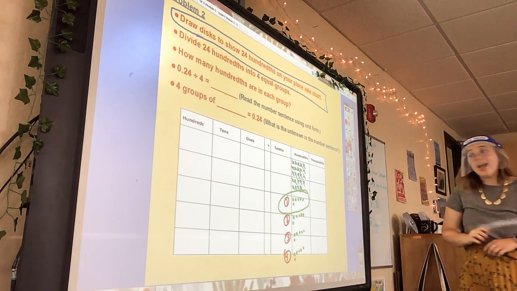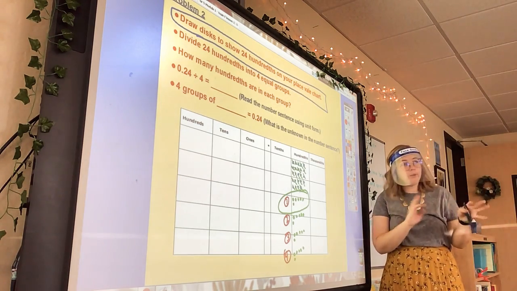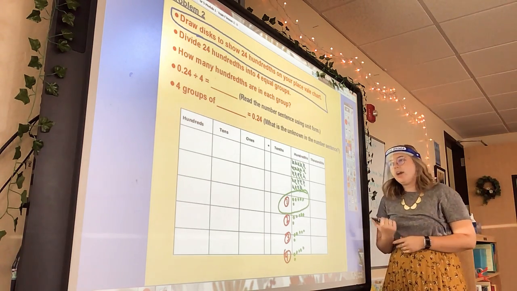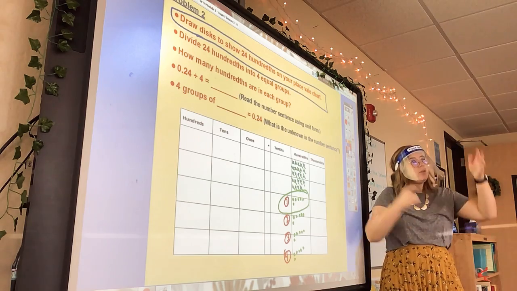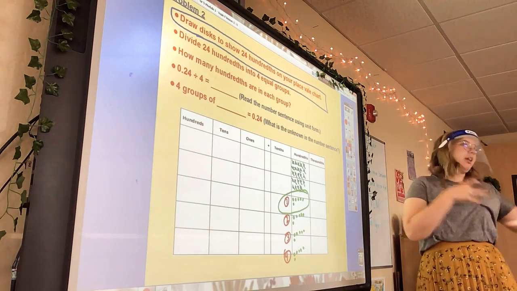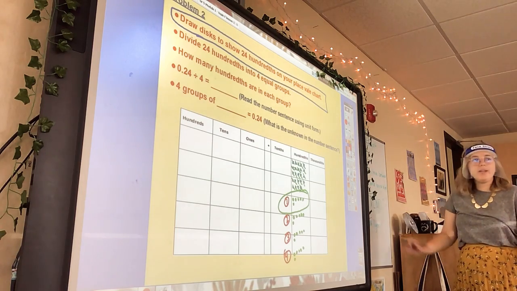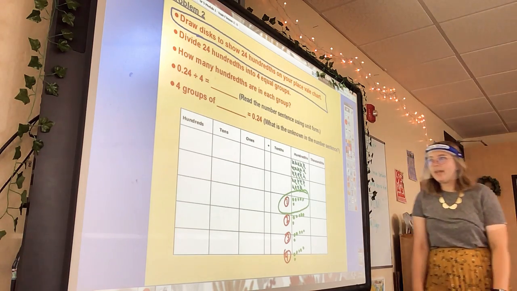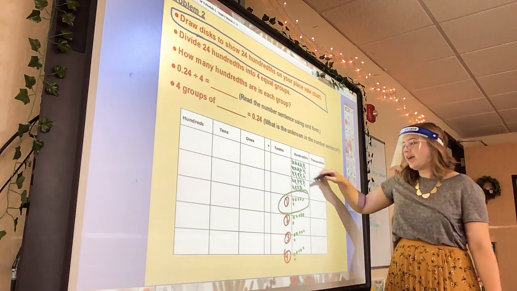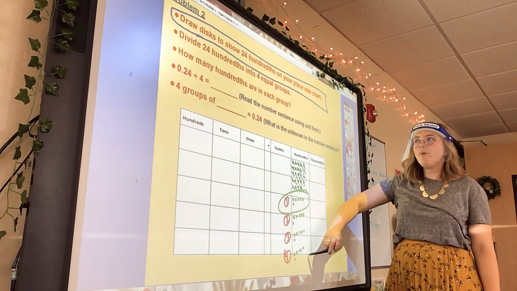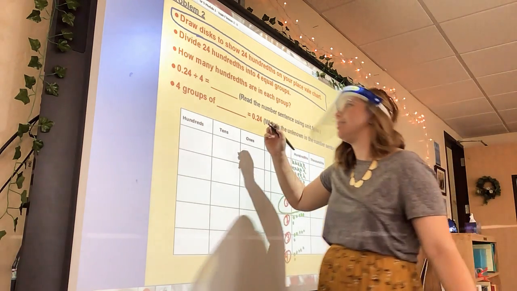Okay, that's okay. Yeah, remember there's no right or wrong way. Either way is fine. And if for one problem you do it one way and another problem you do it the other way, that's okay too. You don't have to stick with one. Just whatever way your brain is going to work best in that moment, okay? So 24 hundredths divided by 4 gives us how many hundredths? Go.